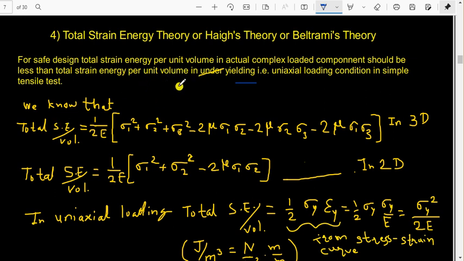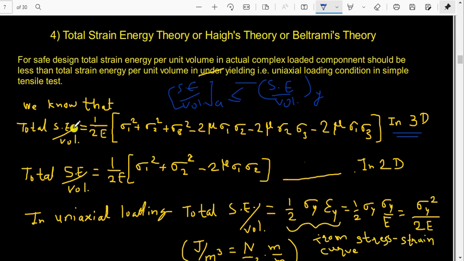In short, here I can write it: strain energy per unit volume in actual loading condition should be less than strain energy per unit volume in yielding. You know how total strain energy is calculated in 3D.